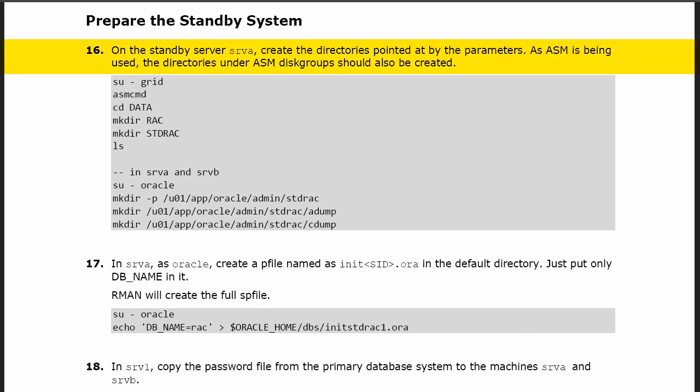After preparing the primary database, it's time to prepare the standby system. On the standby server SRVA, create the directories pointed to by the parameters. I have directories to be created in the ASM and directories to be created in the file system. Any directory that's being used by the database should be created.